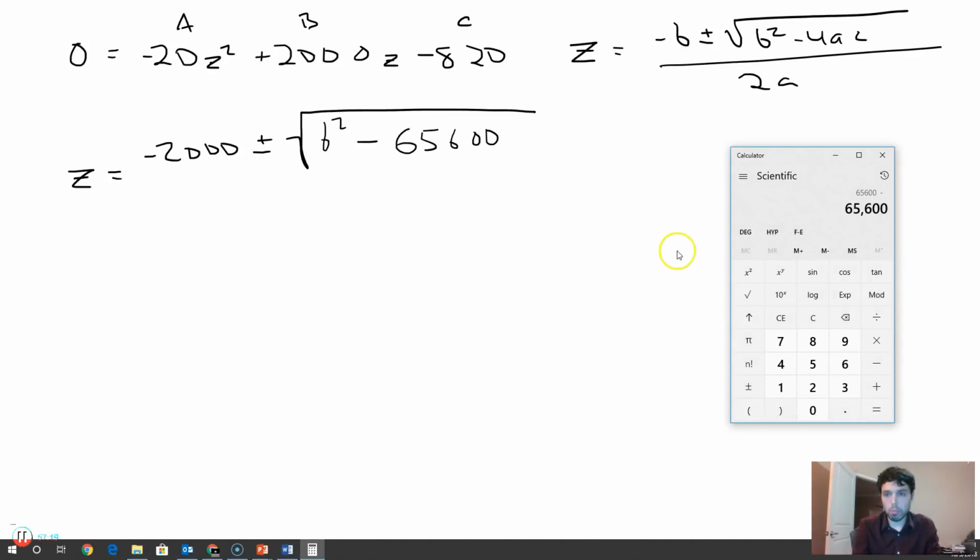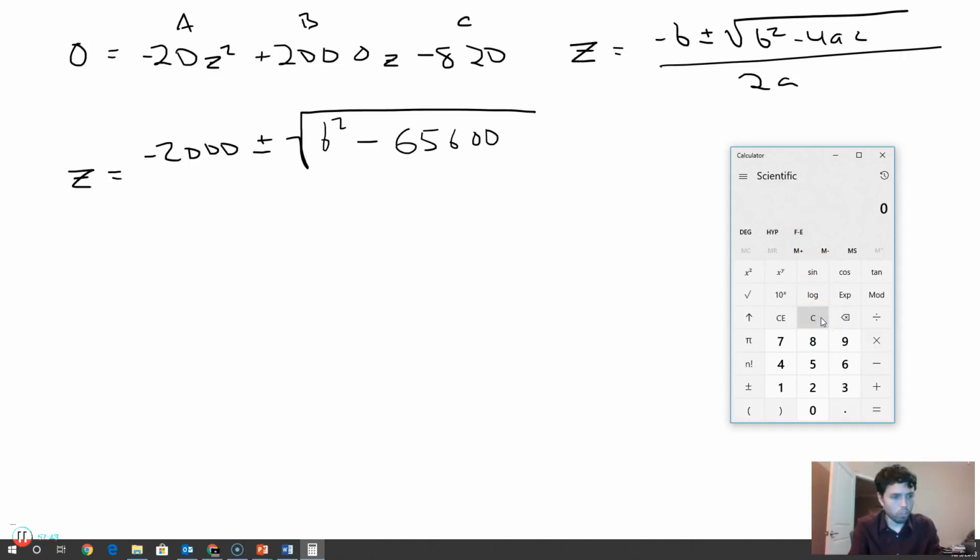So it's going to be b squared, which is 20,000 squared, minus 65,600. And what's the square root of that number? So square root that, and I get, what did my calculator just do? See, it's doing these weird things. I don't know what it's doing.